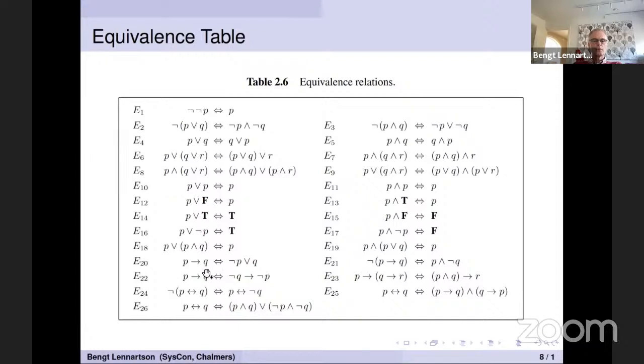Here we also have another very important rule. So the conditional statement P conditional Q is actually not P or Q. So this is a translation back to the basic logic expressions. That means that actually all the conditional and even biconditional statements can always be expressed only using and, or and negation.